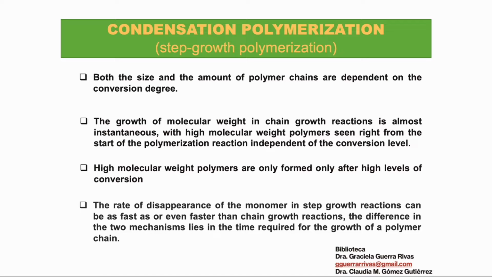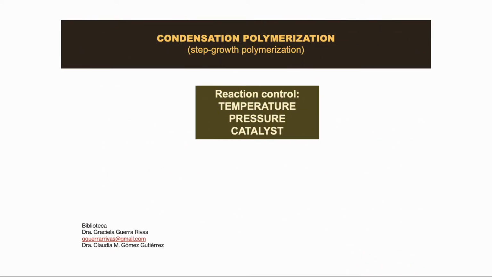As the primary objective of polymerization is to produce polymers that will perform consistently and acceptably in specific end-use applications, it is necessary to control the reaction. The polymerization reaction can be controlled with temperature, pressure, or a catalyst.